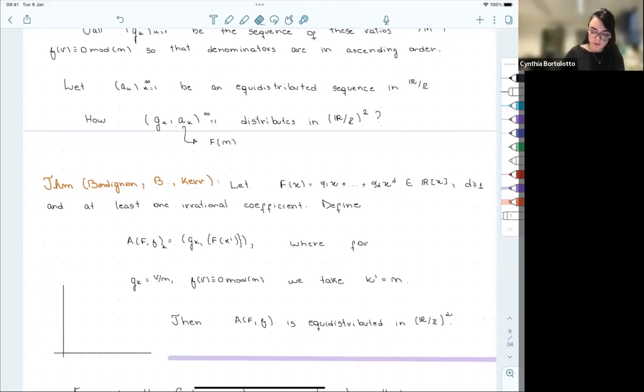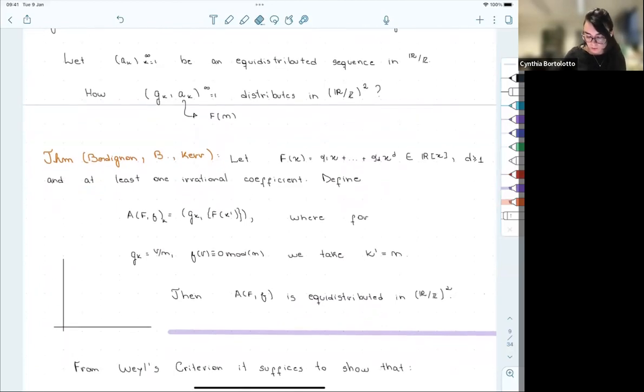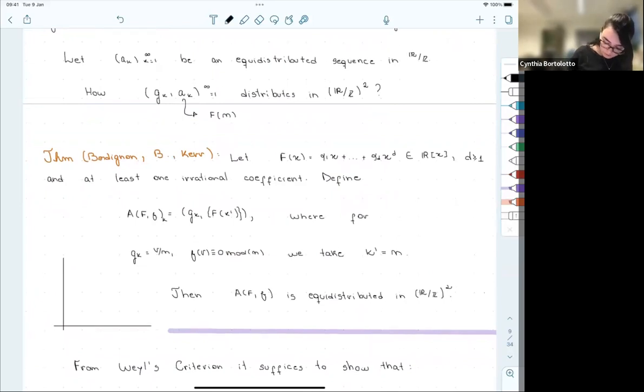And then we define this new sequence in the square as follows. When we fix n, we take all the roots mod n. This is the first root, the second one, and so on. And then we pair this with F of n.